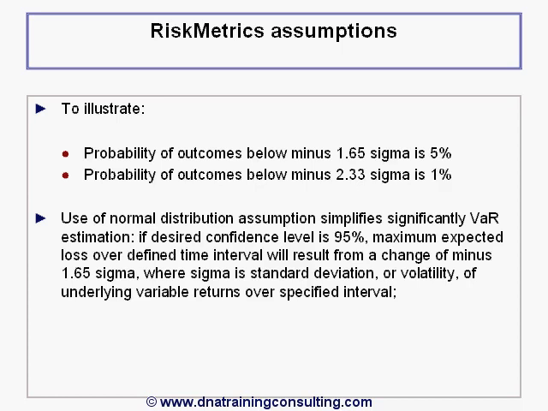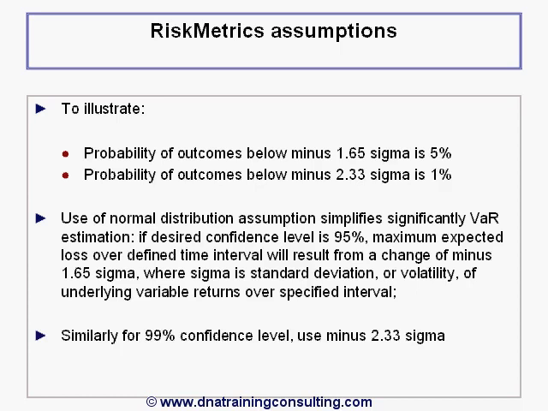Similarly, for a 99% confidence level, we would use minus 2.33 sigma.